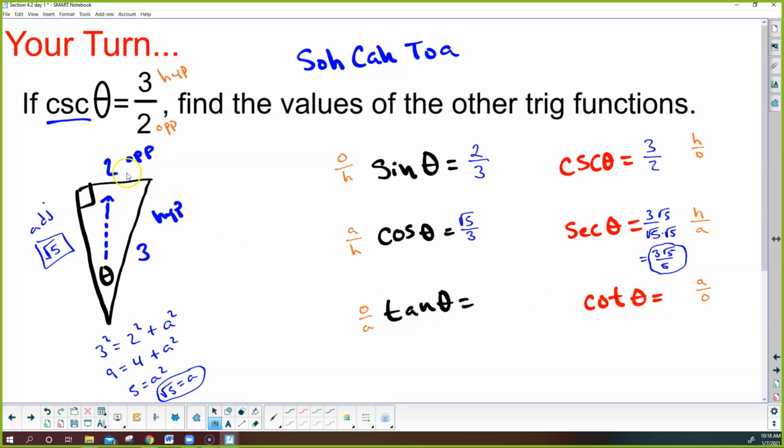Tangent is opposite over adjacent. So that's 2 over square root of 5. But before I simplify that, I'm going to bring the reciprocal over here and say cotangent is square root of 5 over 2. And then I should just go back to tangent and simplify that one. So I get 2 square roots of 5 over 5.